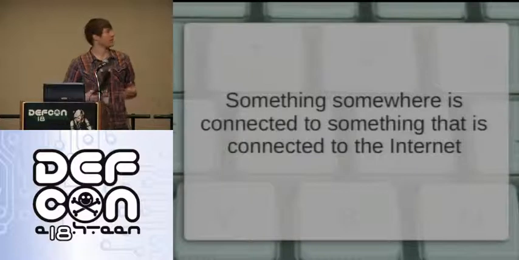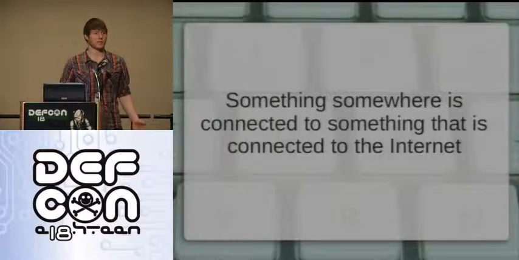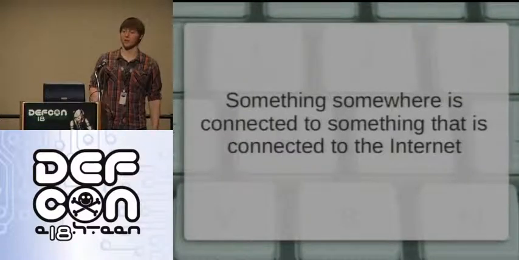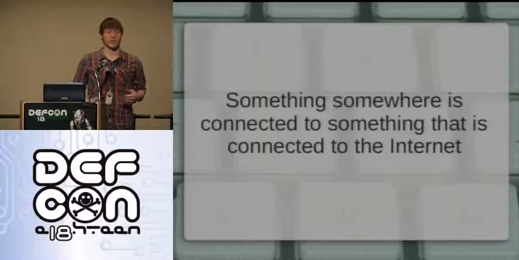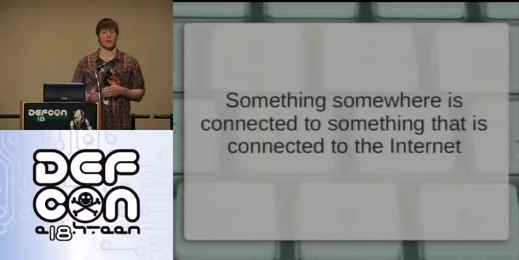Something else I noticed that may be typical for a lot of SCADA systems: when they go into an audit, a lot of administrators say, this isn't connected to the internet, or they can't access this from this network because it's on a different network, on a different subnet.